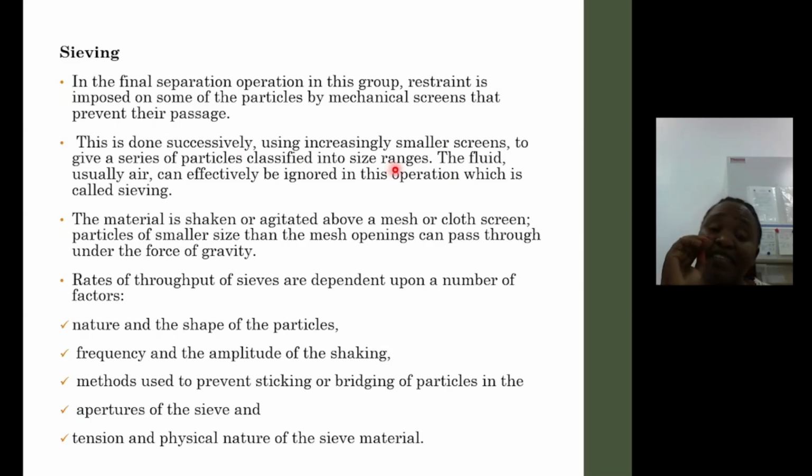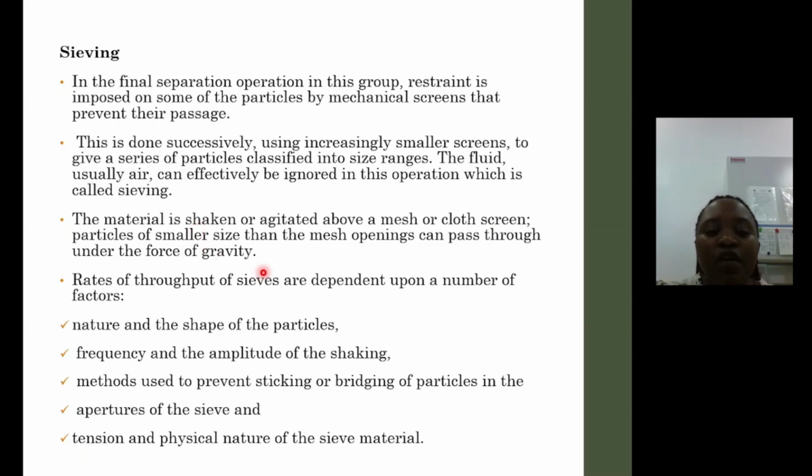So you can use different sizes of sieves to allow different sizes of products. The fluid, usually air, can effectively be ignored in this separation, which is called sieving. Now the material is shaken. Usually you agitate it above a mesh or a cloth screen so that the smaller particles can pass through.